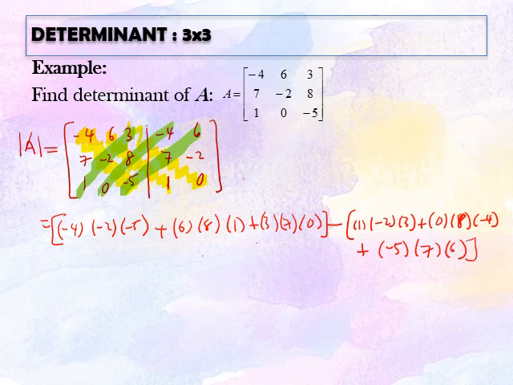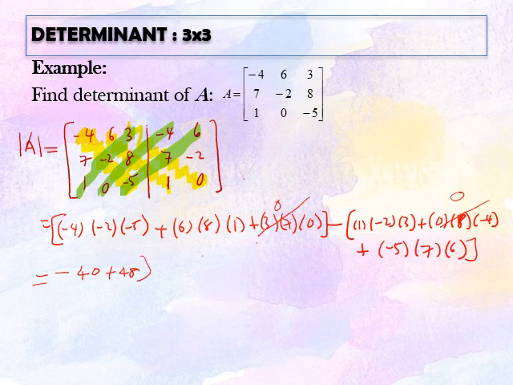Okay, now we can simplify it. The term with 0 will be 0 because it is multiplied by 0. So we're just left with -4 times -2 times -5, so the answer is -40. 6 times 8 is 48.